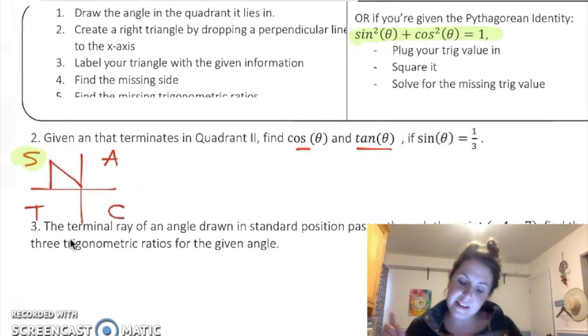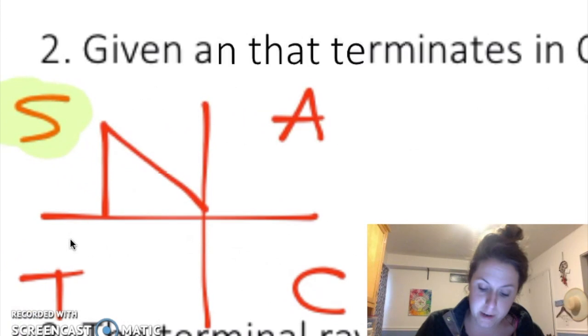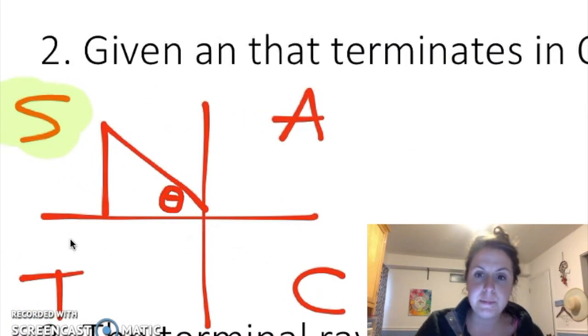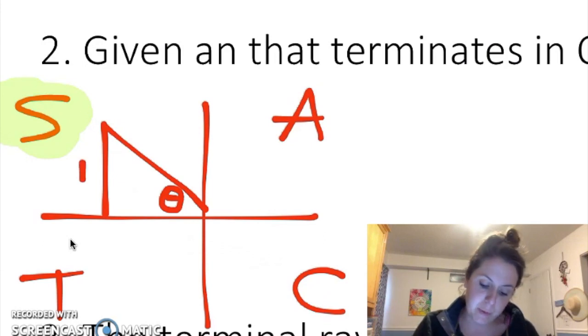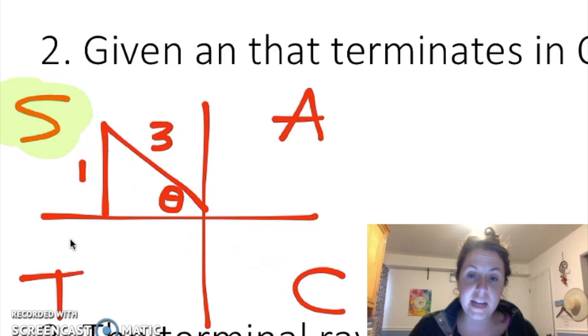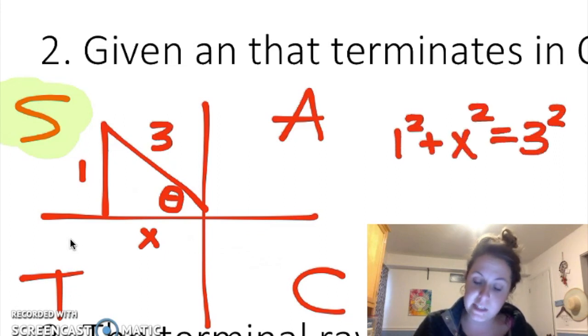And it tells me that sine is 1/3. So let's label what we can on this picture. This would be my reference angle. Sine is 1/3. So sine, since it's opposite over hypotenuse, this would be 1, and that would be 3. And so I need to figure out that side to be able to figure out these other things. So I'm going to use the Pythagorean Theorem, which says 1 squared plus x squared is 3 squared.